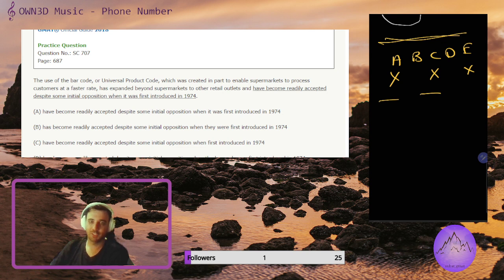When what was? When barcodes were. So not it. When they were first introduced would have to be the way that that would be structured. So that's another obvious reason that's wrong. So that's probably the actual reason why it's wrong.